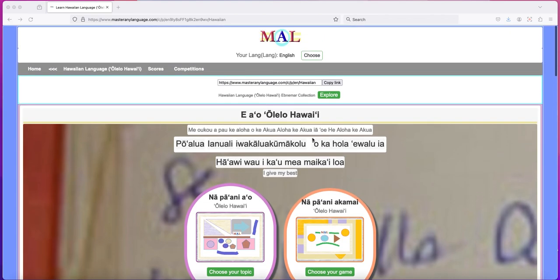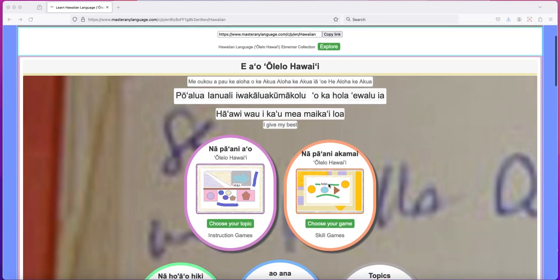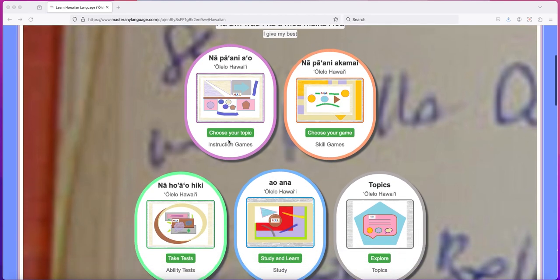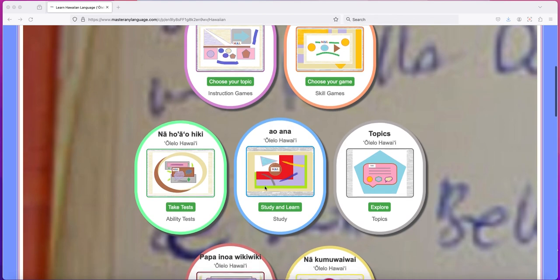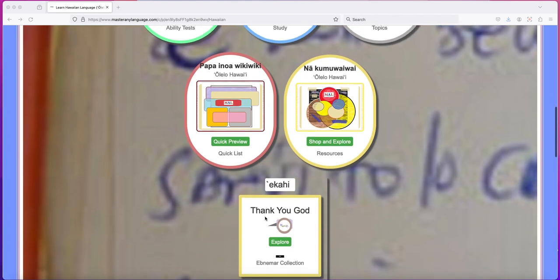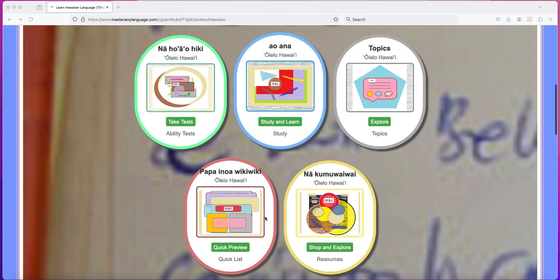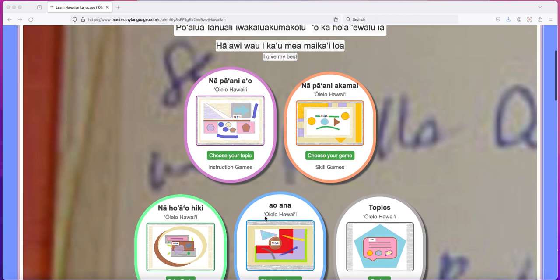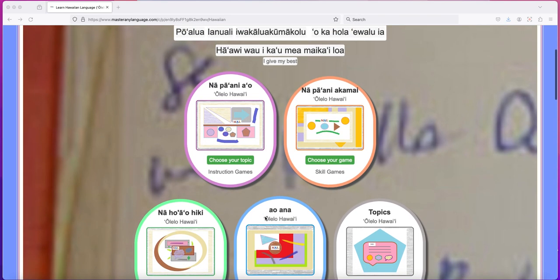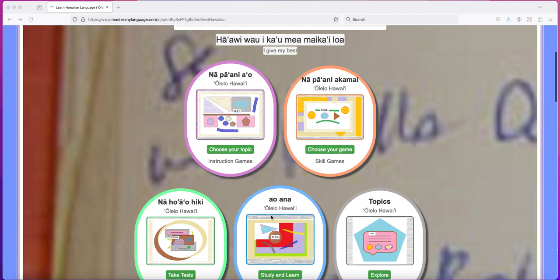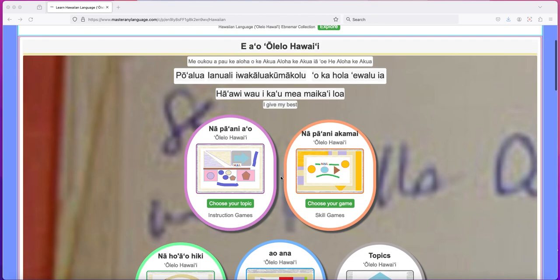So this is the homepage of Hawaiian language, and in here you'll see the instruction games, skill games, ability test, study, and other options that one could take advantage of, whether you are an adult learner of Hawaiian or you are Hawaiian and need to practice and you want to maintain your language, or you're trying to help children to learn, whether you're a teacher or your own children. This could help, okay?